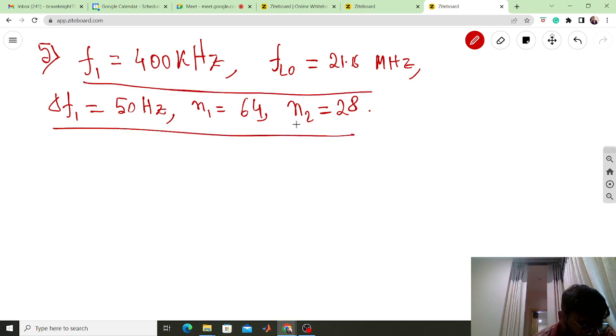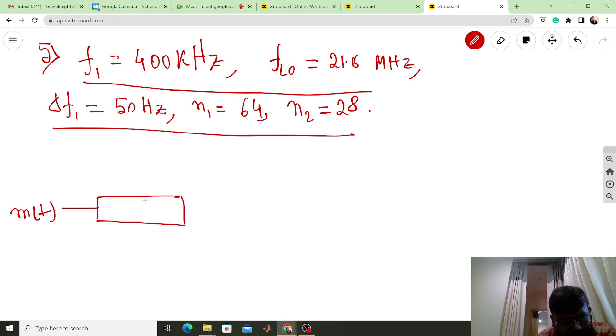Now I am just drawing the block diagram. So m(t) is the message signal. It is going to a narrowband FM signal modulator.